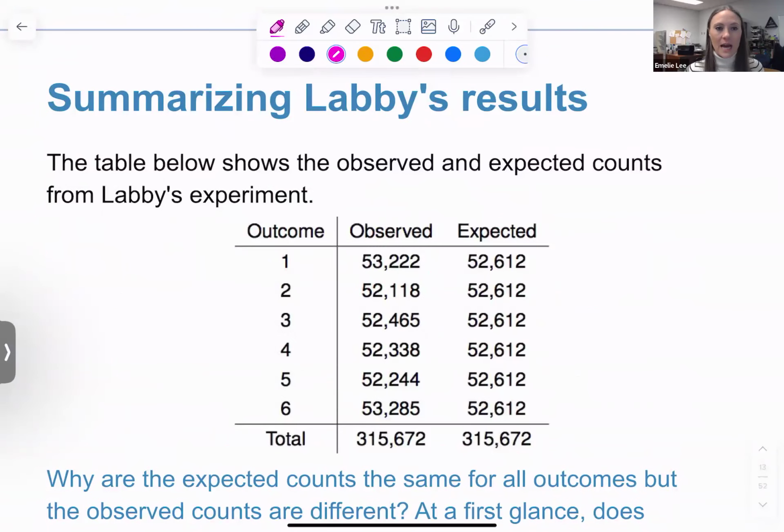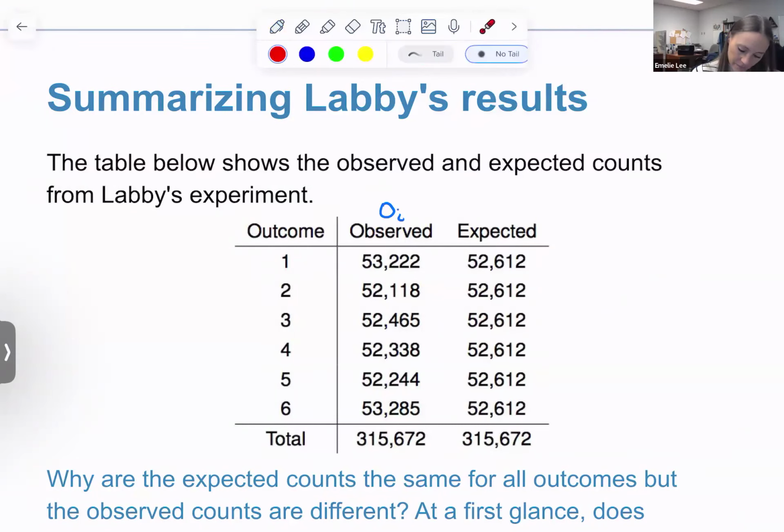So what we're going to have is some observed count for each die face. I'm going to write O subscript i.